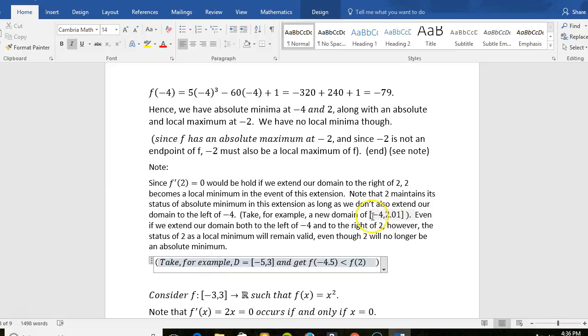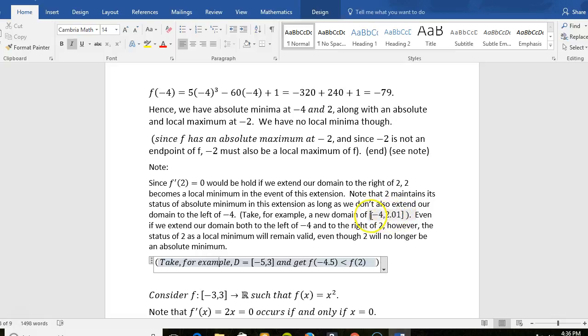If you extend at all, even the smallest smidge to the left of -4, x equals 2 will lose its status as the location of your absolute minimum. Guaranteed. Now take the domain interval, a closed interval, where your right endpoint is some number strictly greater than 2.